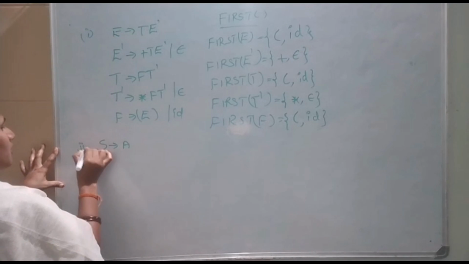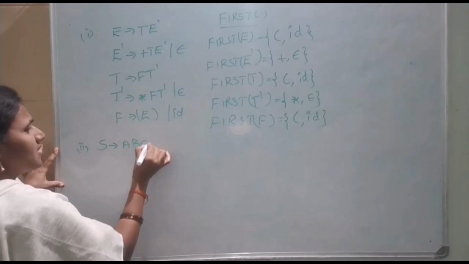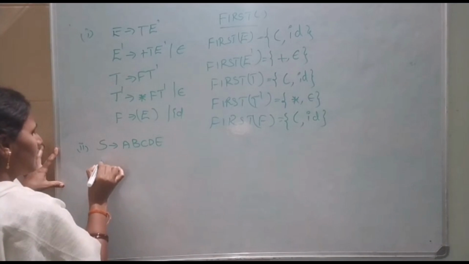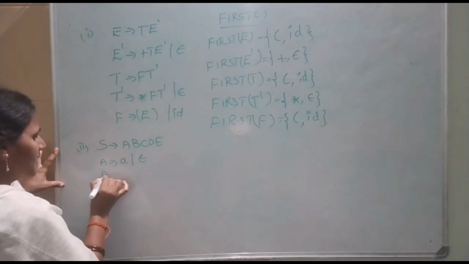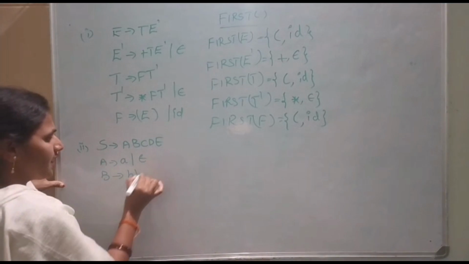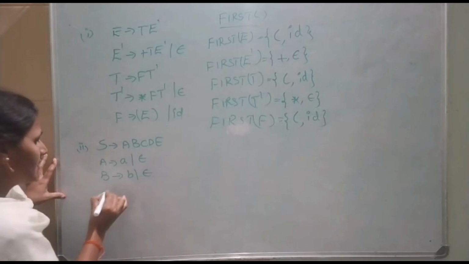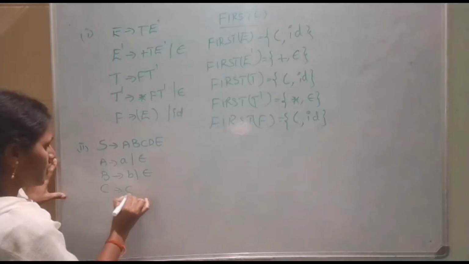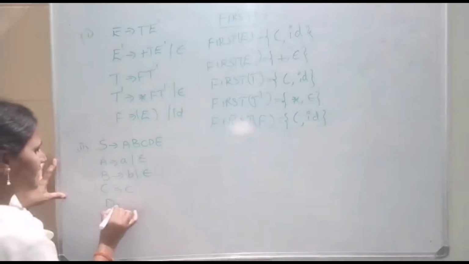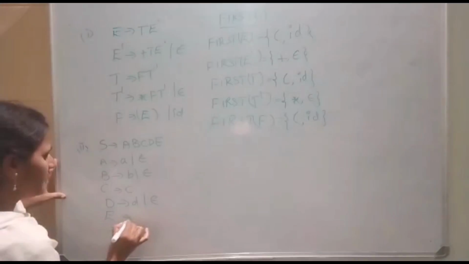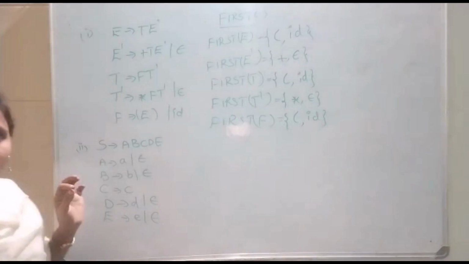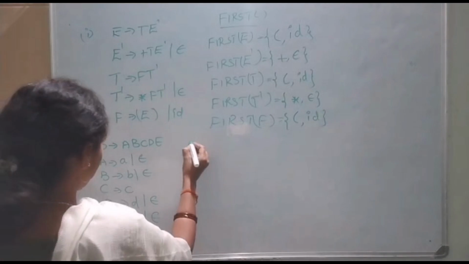S derives A B C D E, A derives small a or epsilon, B derives small b or epsilon, C derives small c, D derives d or epsilon, E derives e or epsilon. How to compute the first function for this?